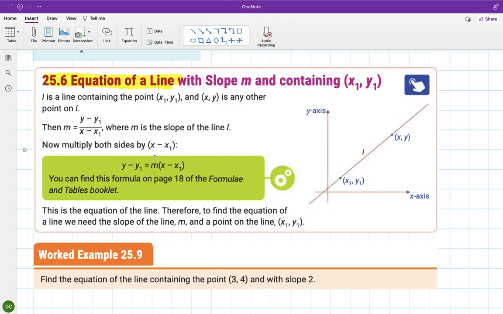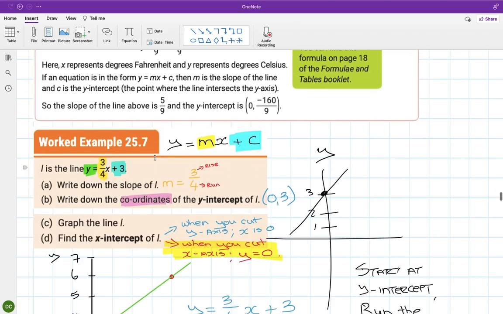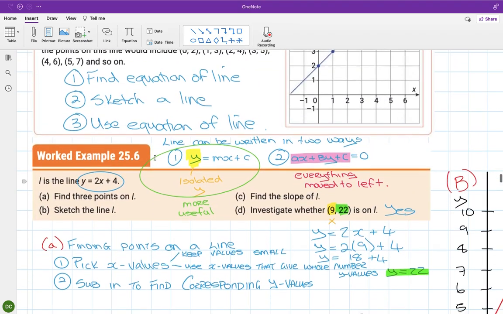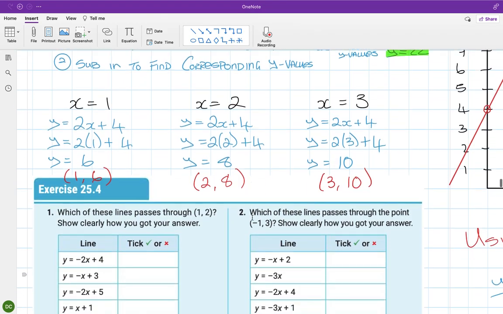So I was explaining yesterday that we've done a bit of work on the equation of a line, but it has all been, this was the first question we did, and here in the blue circle you were given the equation of a line, and then you were asked questions based off it.